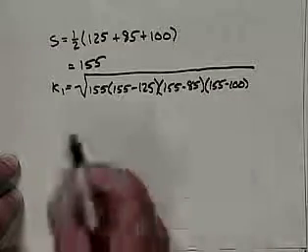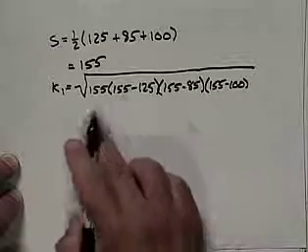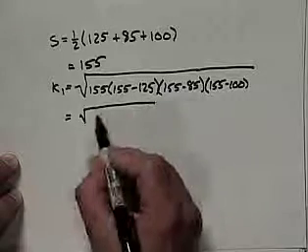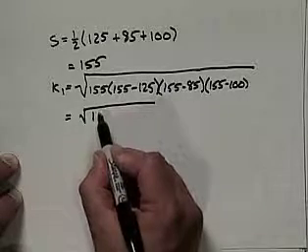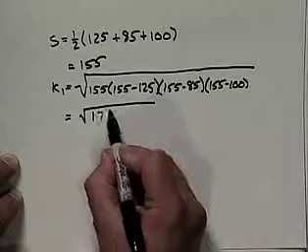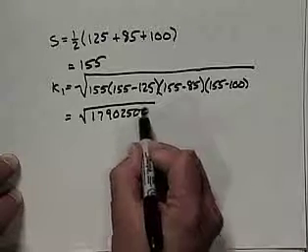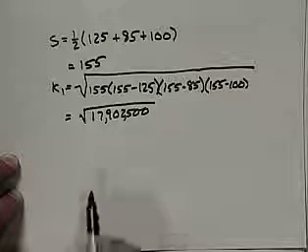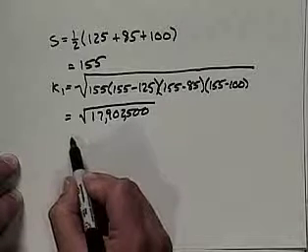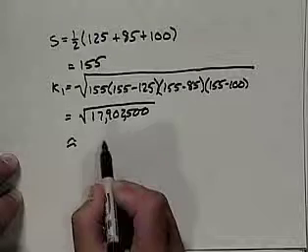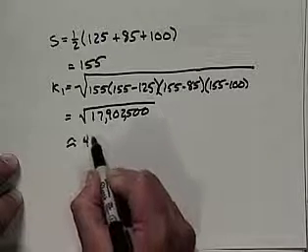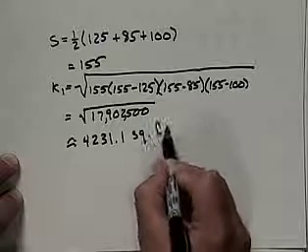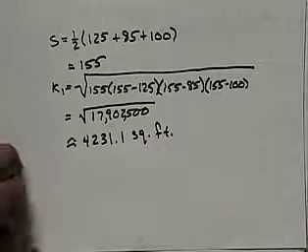And if we simplify the radicand here, we get the square root of 17,902,500. And then evaluating this on a calculator, we get 4,231.1 square feet. So that's the area of the first triangle.